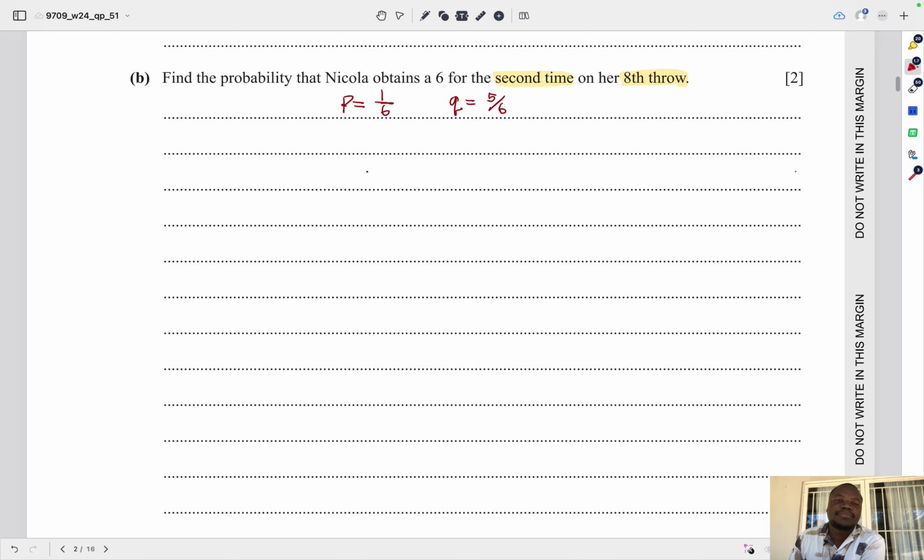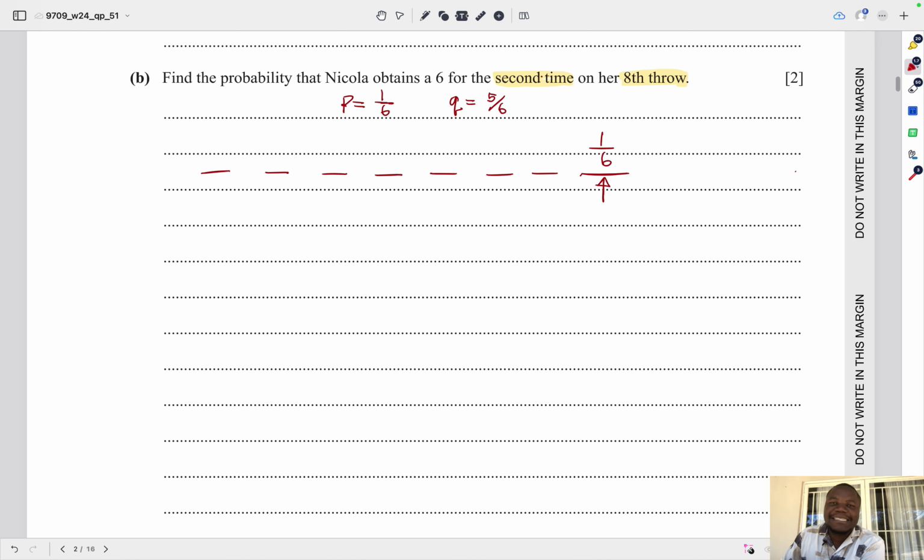So find the probability. The best way I would want to do this, because this may come in different ways but the concept stays the same, is to assume we've got 1, 2, 3, 4, 5, 6, 7, 8, and they tell us that on this 8th throw there is a 6 that comes. What's the probability here of obtaining a 6? This is 1 over 6.